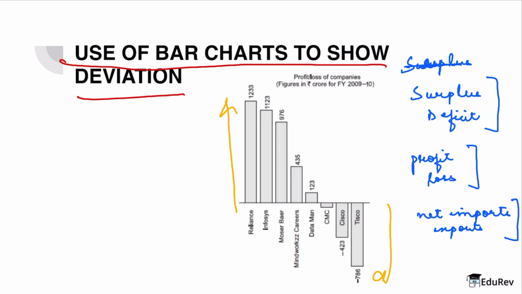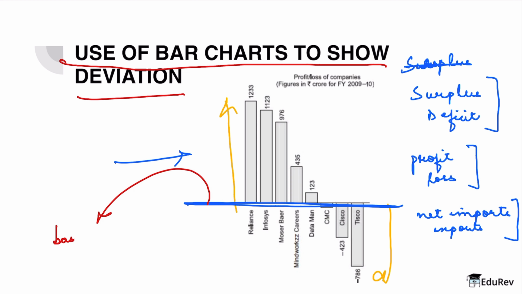Okay, now in general, continuous variables which have both positive and negative values are best represented on bar charts, on this format. Now there is a baseline which is created. This is called your baseline.